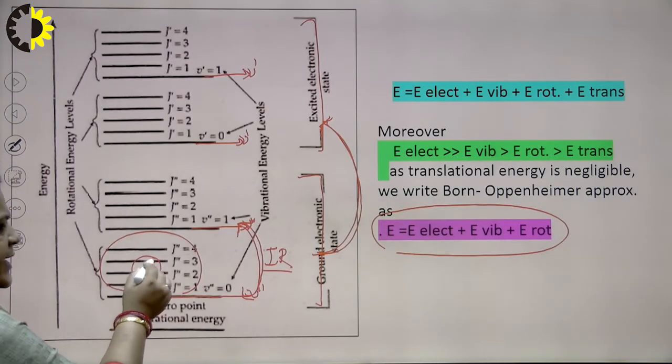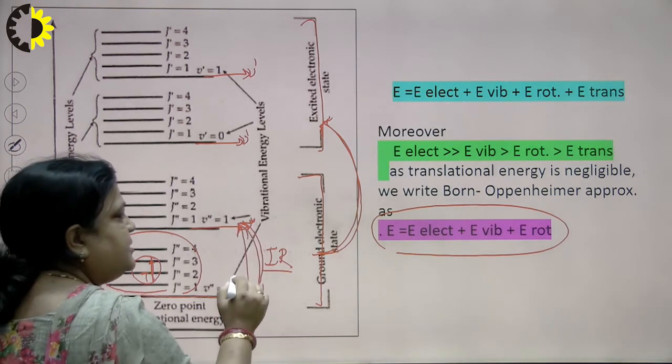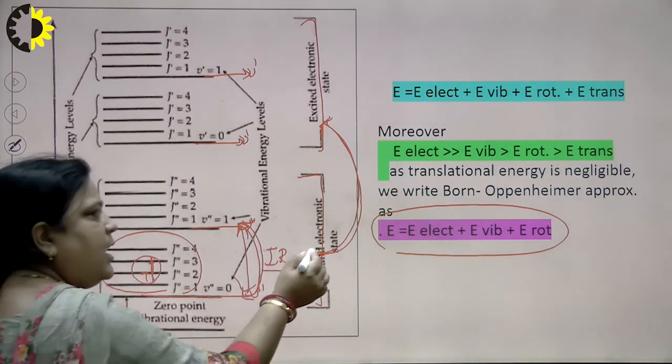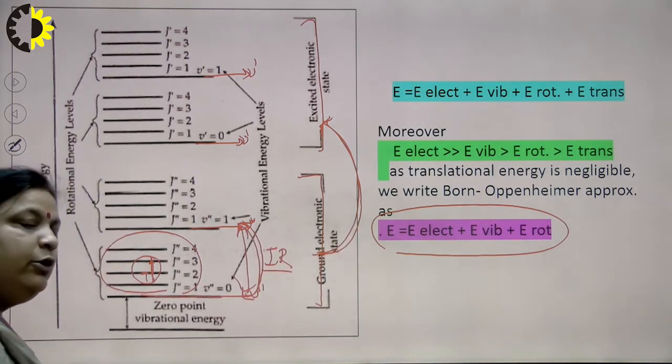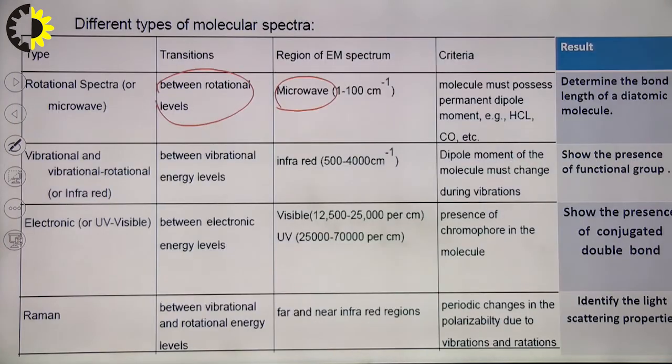So, for rotational, microwaves are sufficient, for vibrations infrareds are sufficient, and for electronic transitions UV visible radiations are sufficient. Now, we compare 4 radiation spectroscopies, and there are other spectroscopies, but in the AKTU syllabus these 4 are mentioned. So, we will discuss only these 4.